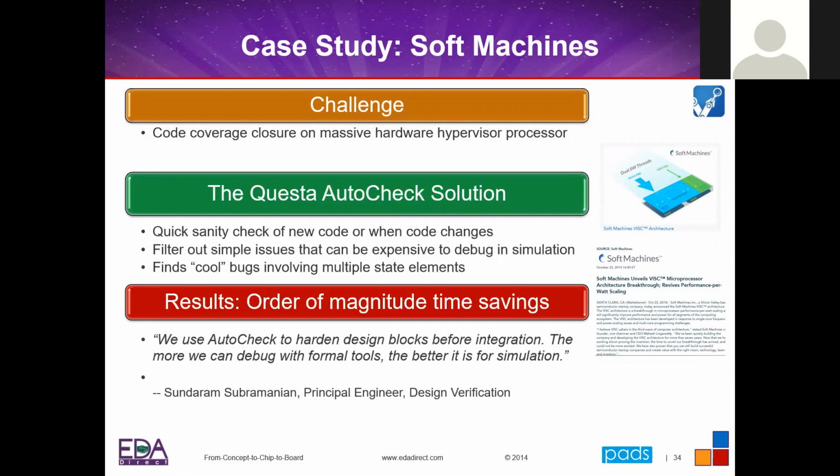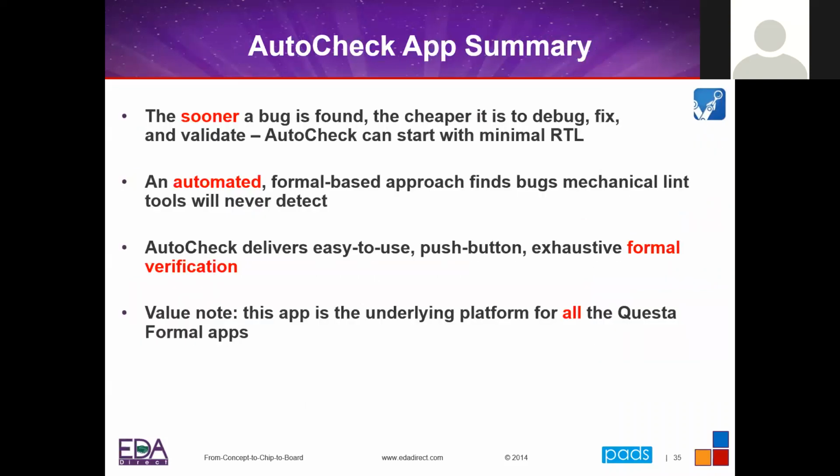Soft machines started using Autocheck, and they definitely said that they're finding that their code before they bring it into their verification environment, they're just finding a lot of bugs that would have taken them a long time to find in their verification environment.